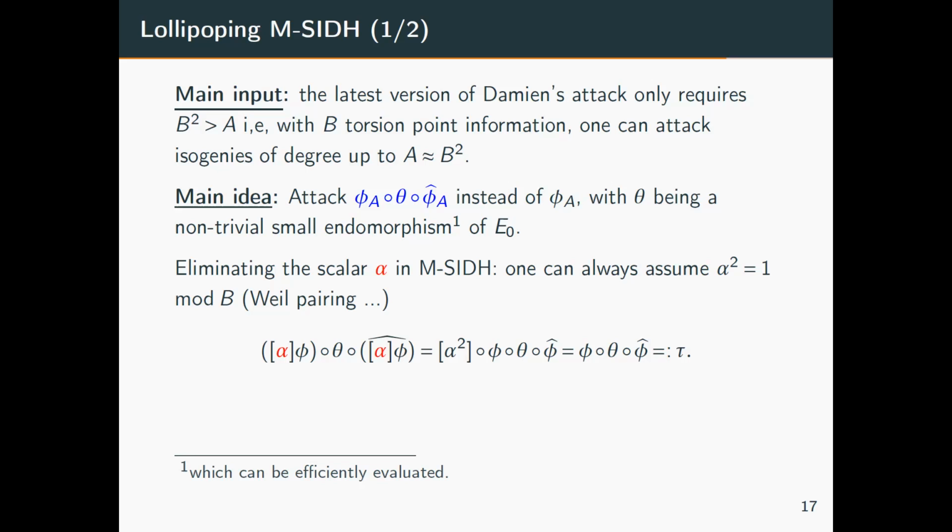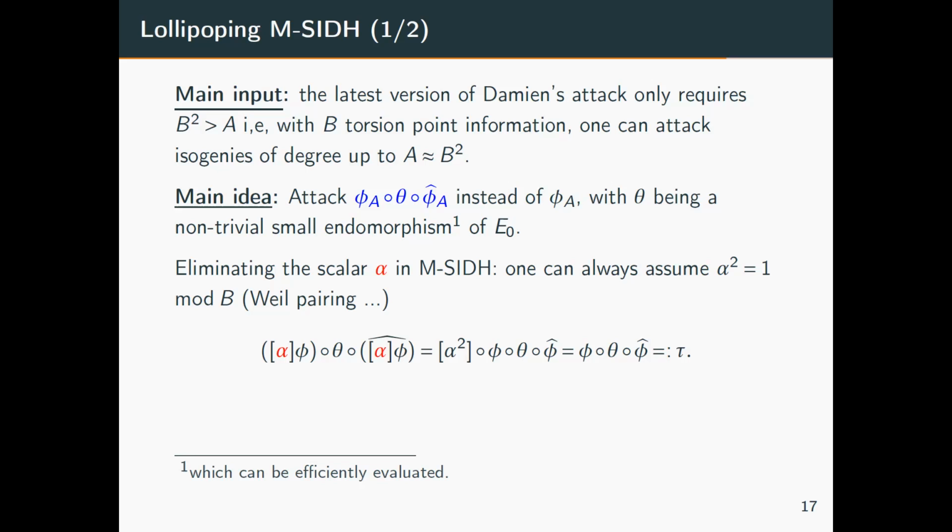In general, you can always choose the alpha to be a square root of 1, as we saw before, so it will even just go away by itself. You don't need to do anything else. So then when you have these, since Damien Robert said that you can run the attack with square degree and square root amount of torsion point information, then you can still run the attacks.